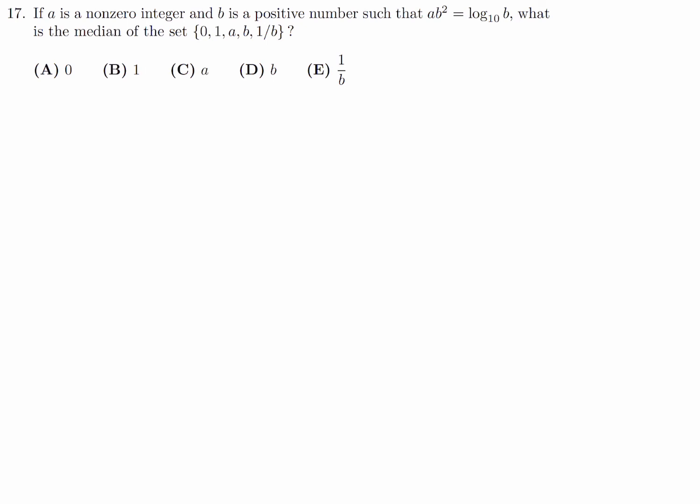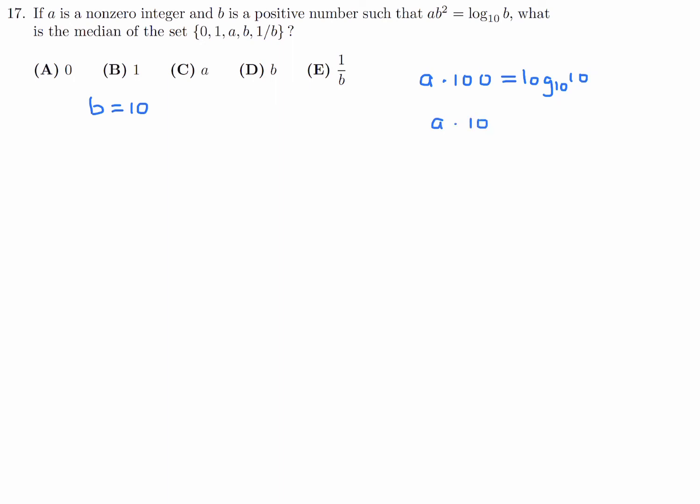So the first thing, I have no idea what is B, the value for B, right? Or the value for A. So since it's talking about base 10, I'm going to start with a base 10 number. Start simply with B equals 10. And we'll see what we get. If B equals 10, then this equation becomes A times 100 is equal to the log of 10 to the base 10.